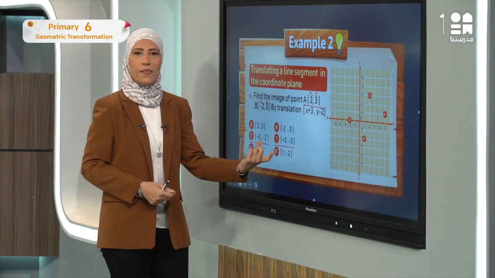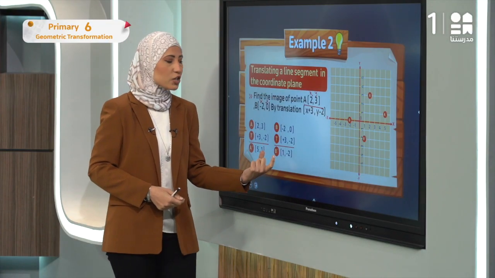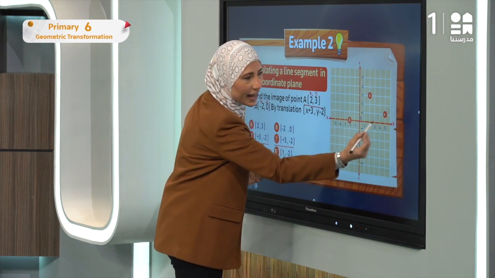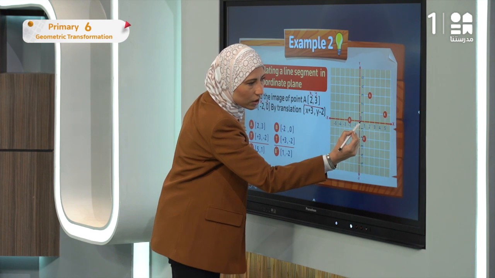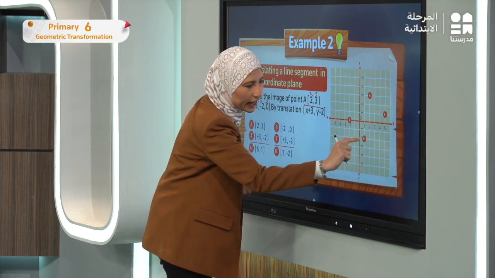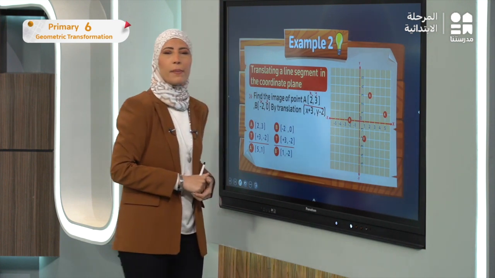So the image of B, B dash, it will be 1, negative 2. ادي 1 في الاكس، ادي الاكس بتاعتي 1 و I will move negative 2. So الواي اهي، فين النيجاتيف واي اهي. So this is my image B.